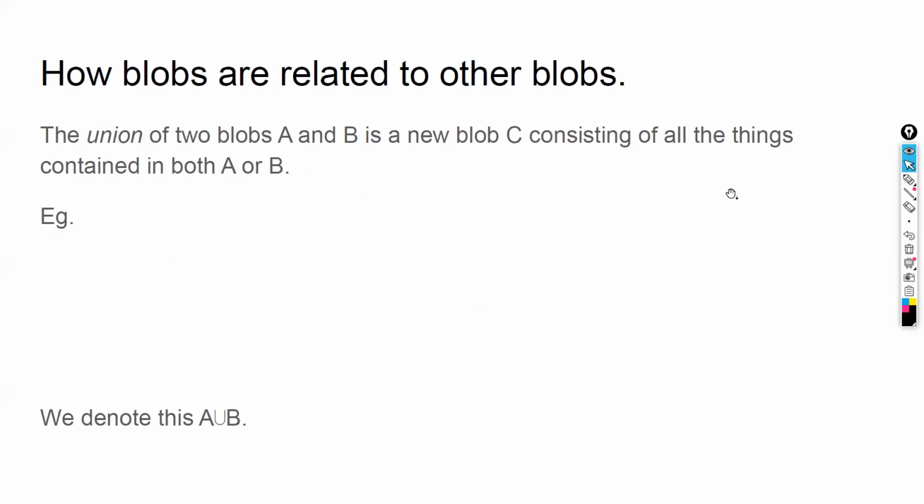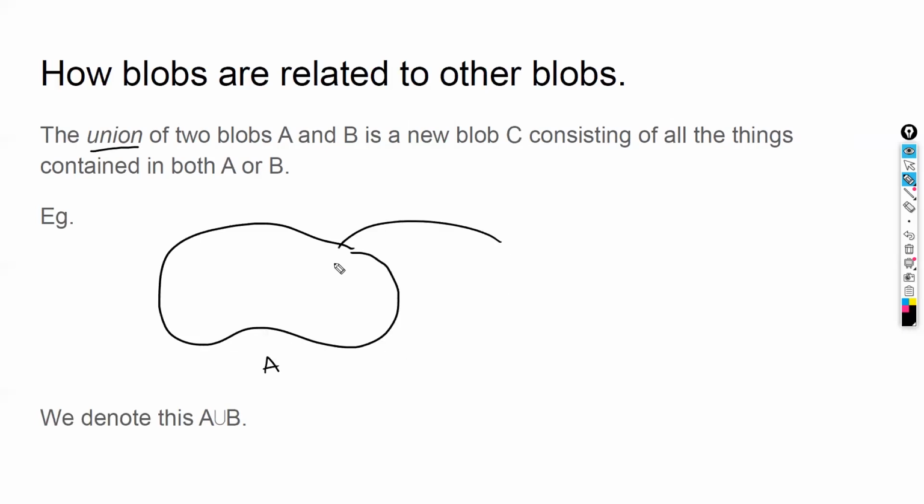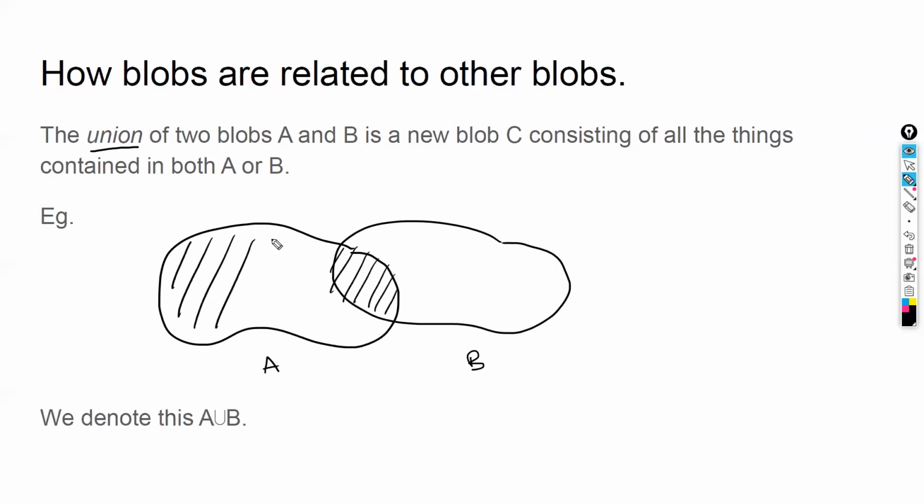The next thing is something called the union. The union of two blobs, A and B, is a new blob C consisting of all the things contained in A or B. This is a little bit different from intersection. If again I have A and I have B, the union is anything that's in A or B. So yes, we include this sliver, but as long as you're in one of A or B, you get included.